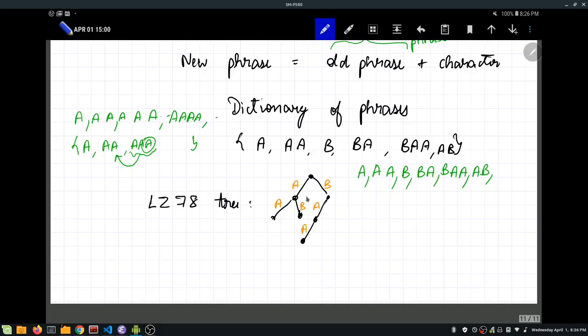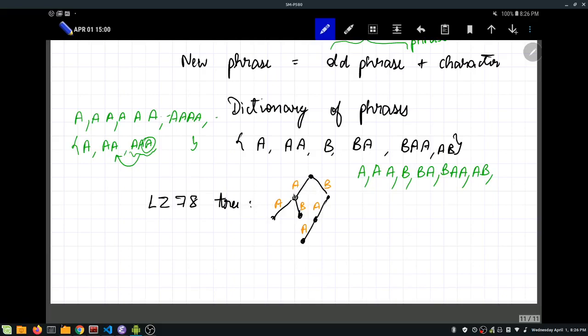And corresponding to this, we can draw a tree where you have a bunch of nodes. Each node has multiple children, and each edge which goes downward from a node to a child of this particular node is labeled by one character from the alphabet.